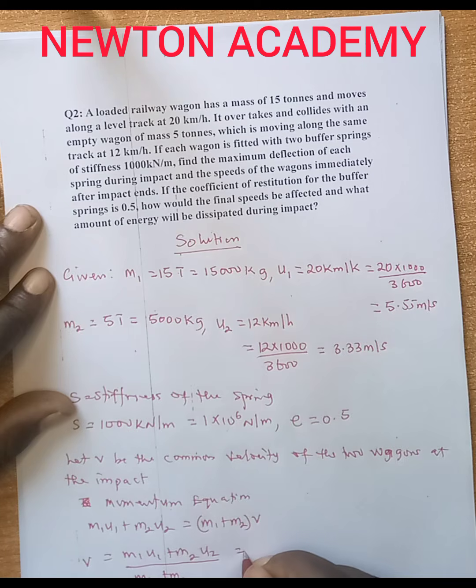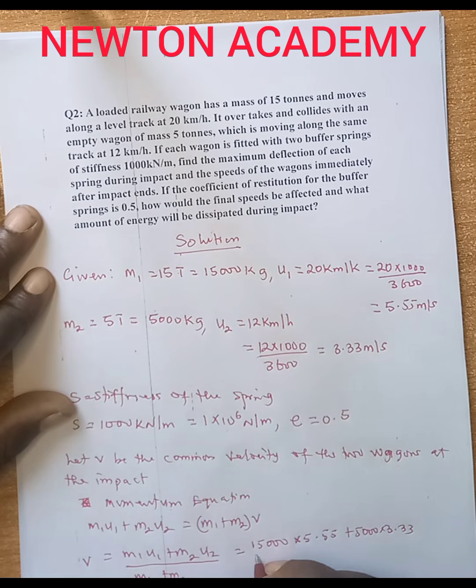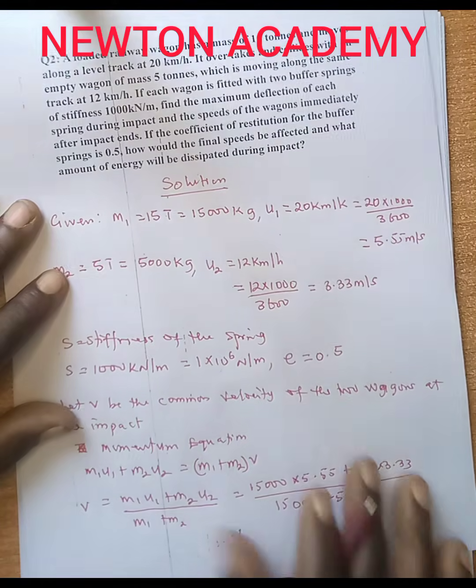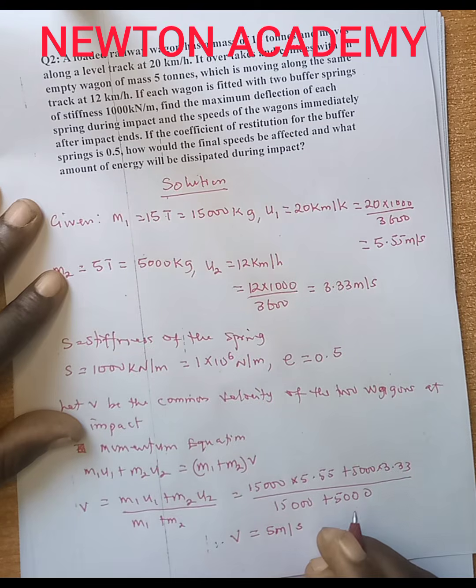When we substitute the values, we have 15,000 multiply 5.55 plus 5,000 multiply 3.33 over 15,000 plus 5,000. So when you evaluate this, you have the velocity to be equal to 5 meters per second.